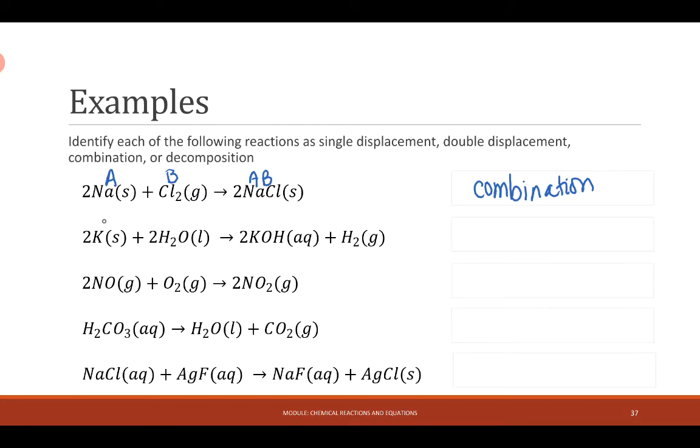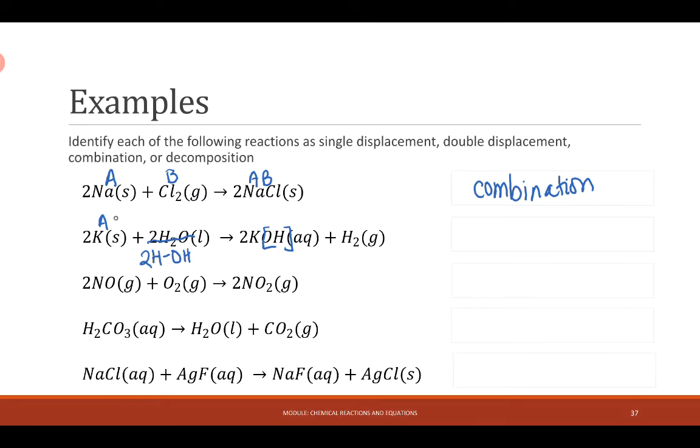Now we have potassium, I'll label that A, and water, and so I'm going to call that B. And then I can see over here that it's actually hydrogen by itself, and this is an OH. Sometimes it's helpful to, instead of writing water, write it as HOH. And so you have two HOHs.